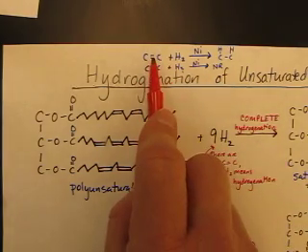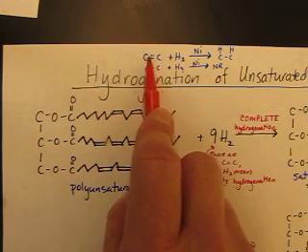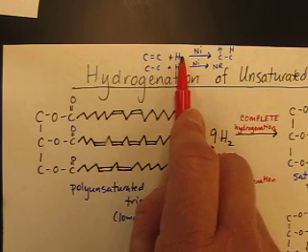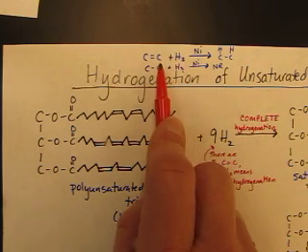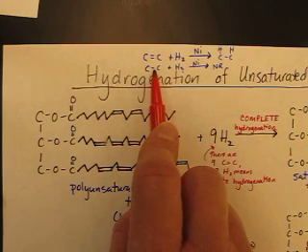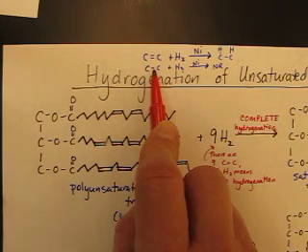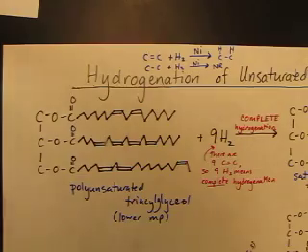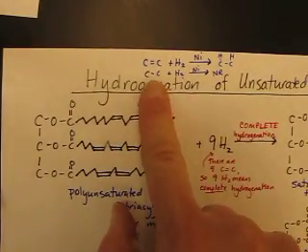It doesn't matter if this is part of a fatty acid or part of a triacylglycerol. If you see a carbon-carbon double bond, yes, you can hydrogenate it, either completely or partially. If you see that all the carbon bonds are single bonds, whether it's a fatty acid that's saturated or a triacylglycerol that's saturated, you cannot hydrogenate it. Partial or complete, doesn't matter. You cannot do it. If it's all carbon-carbon single bonds, you'll have no reaction.